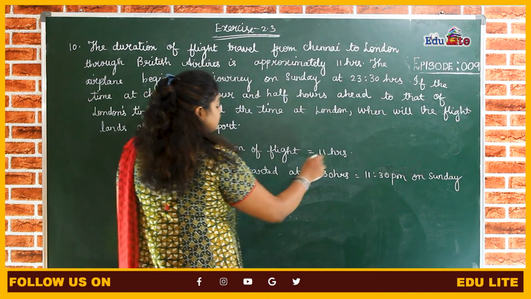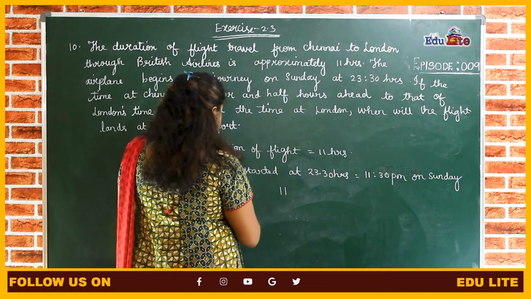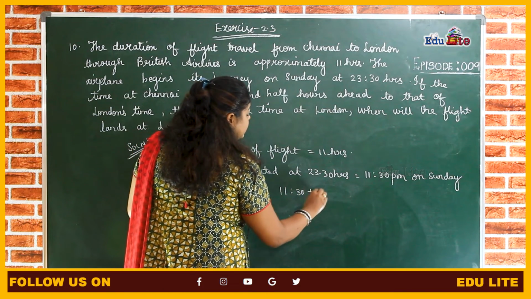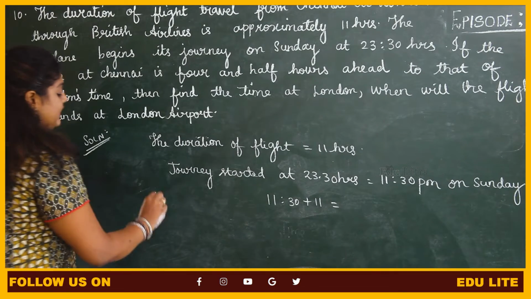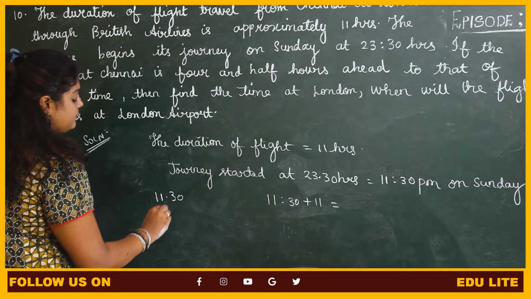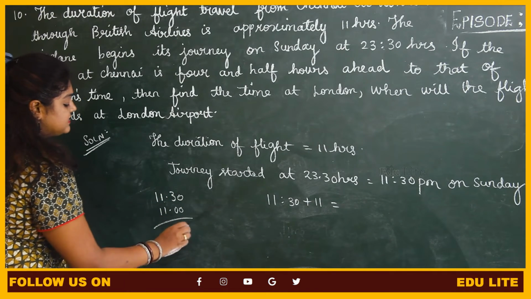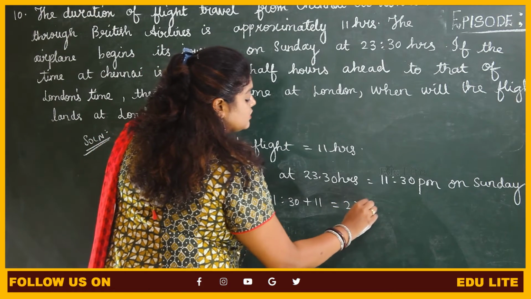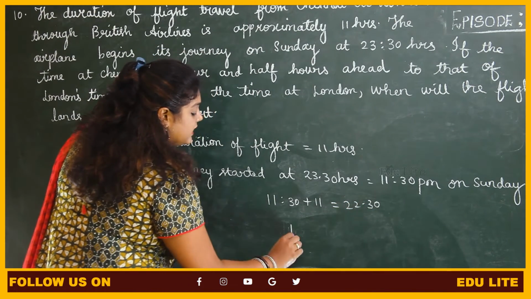So the duration of flight is 11 hours. Journey started at 11:30, therefore 11:30 plus 11 hours of travel will give us 22:30.